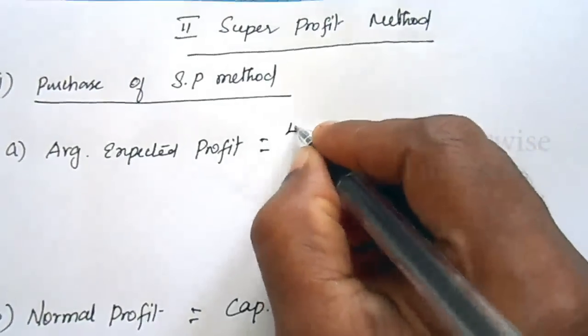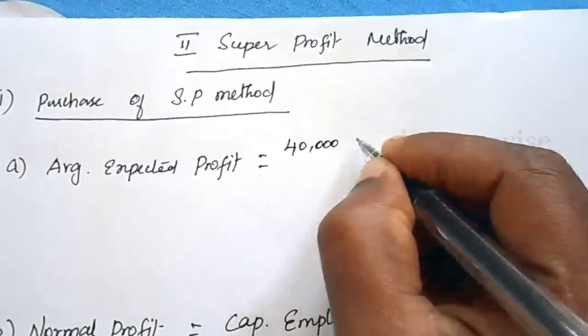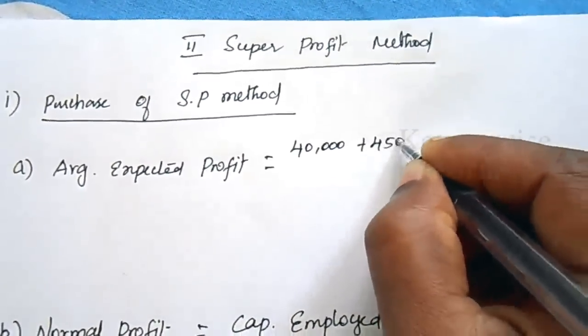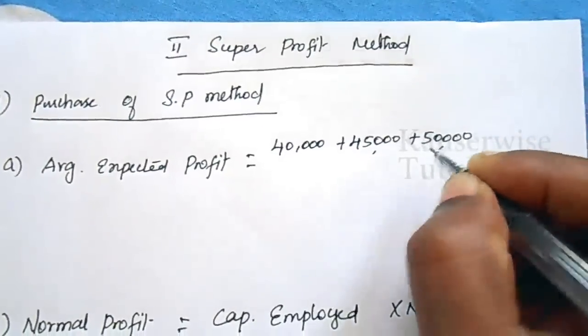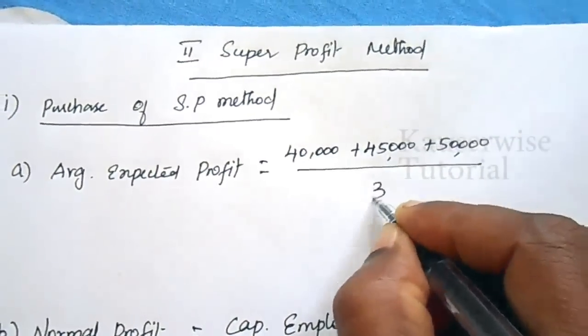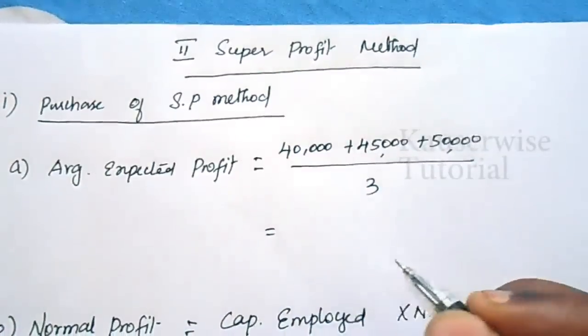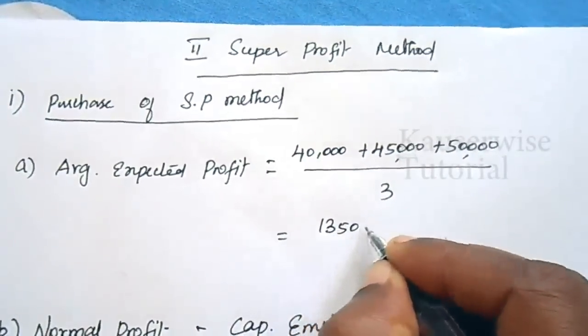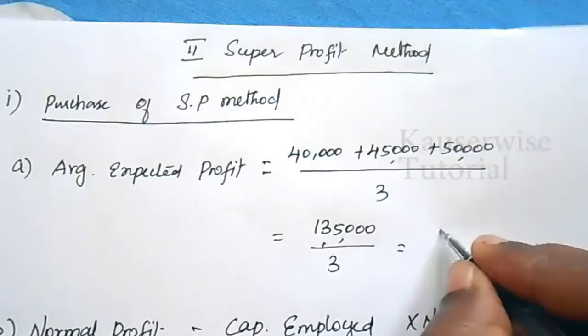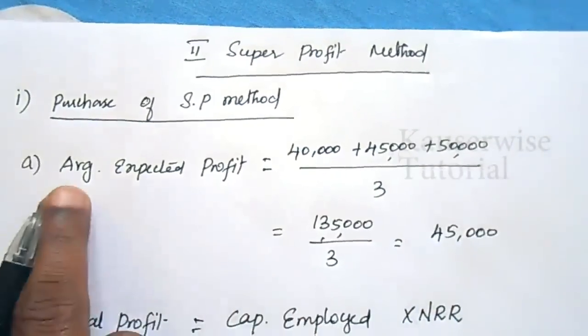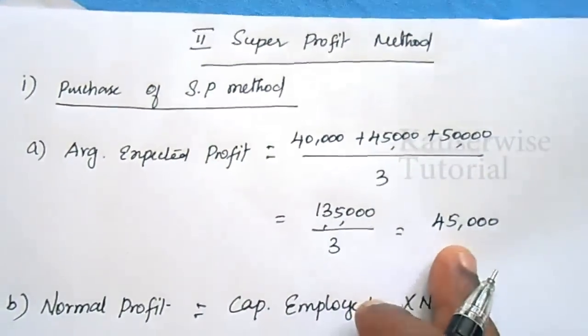Total profit: first year 40,000, second year 45,000, third year 50,000, divided by number of years, 3 years. So what is the average profit? 1,35,000 divided by 3 is equal to 45,000. Average expected profit is 45,000.